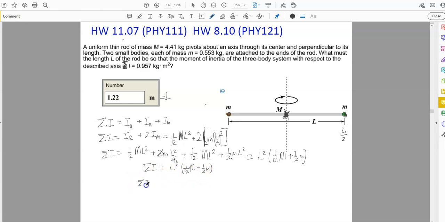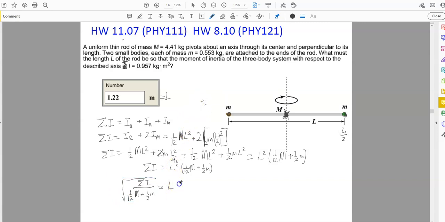So the total moment of inertia divided by 1/12 capital M plus 1/2 lower m is going to be equal to L squared. Then if I just square root both sides, I get this as our total here.